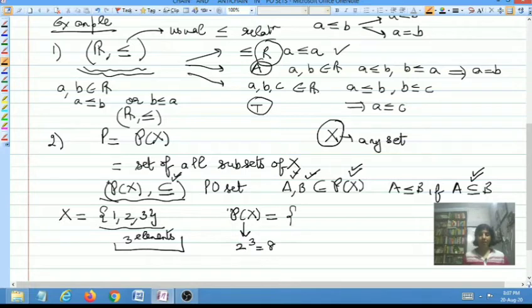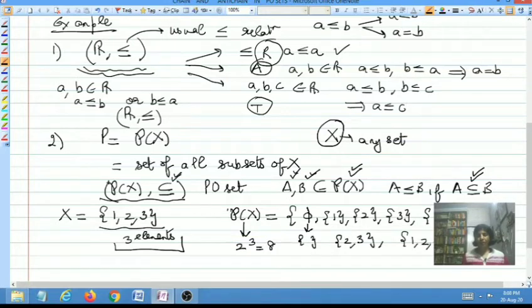So there are going to be 8 subsets of the set capital X, and those 8 subsets are phi, which is the empty set, and the sets of one element, which are singletons, {1}, {2}, {3}, then the sets of 2 elements, {1, 2}, {1, 3}, and the next one is {2, 3}, and then the last set is {1, 2, 3}, which is the set X itself.